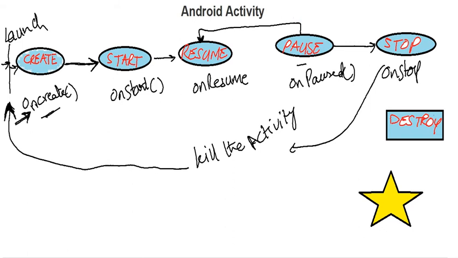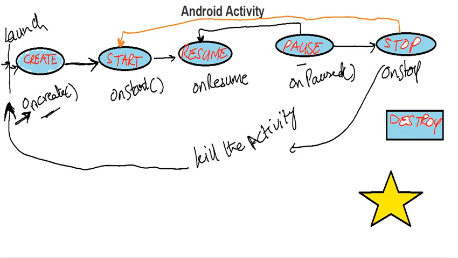But let's say from onStop the user navigates again to the activity before it is killed, then it will come from the stop to the onStart phase. So this will be the callback.